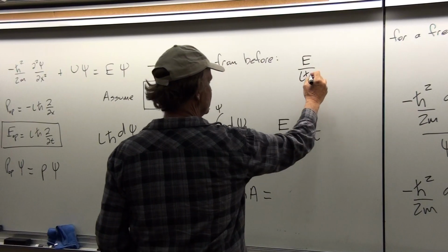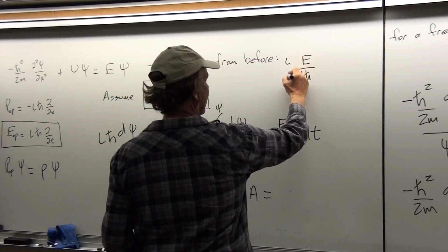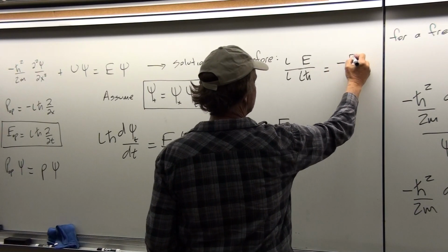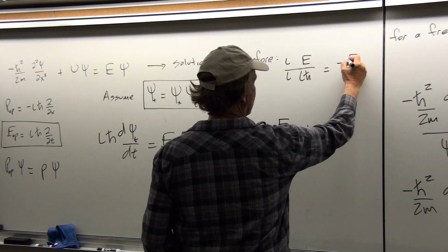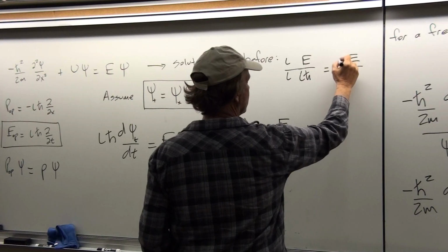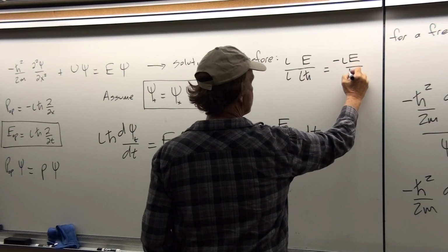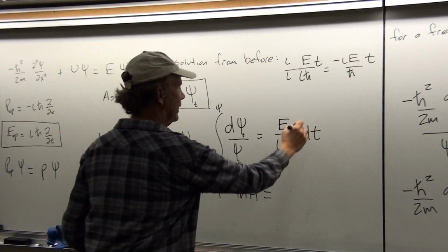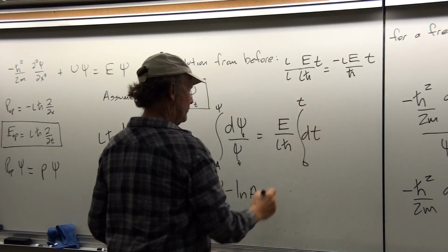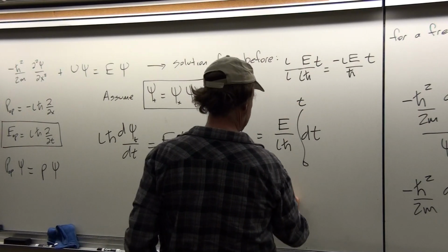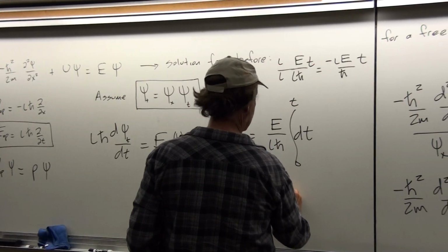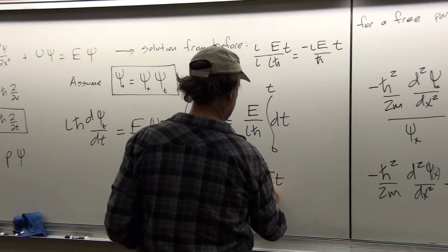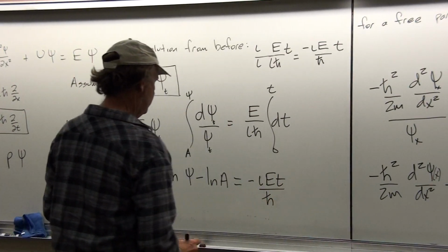If I multiply numerator and denominator by i, then this becomes minus i e over h bar, multiplied by the time, 0 to t. Okay, so I can rewrite this on the right-hand side as minus i e t over h bar.